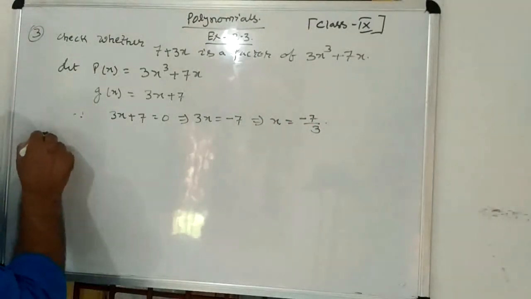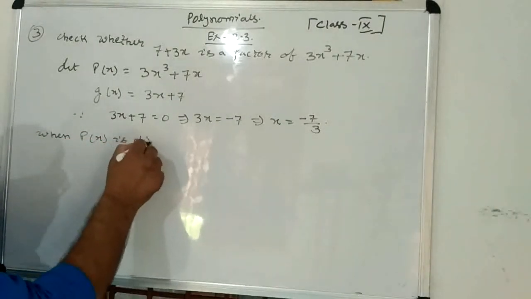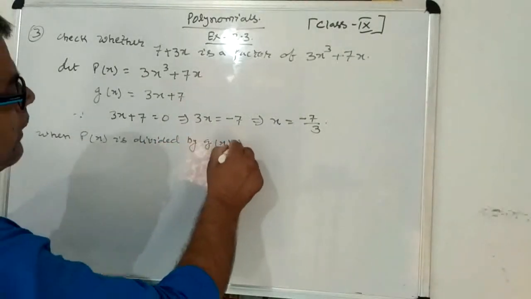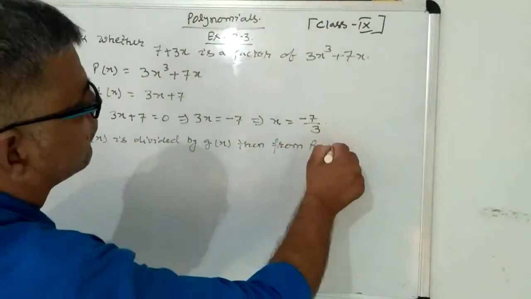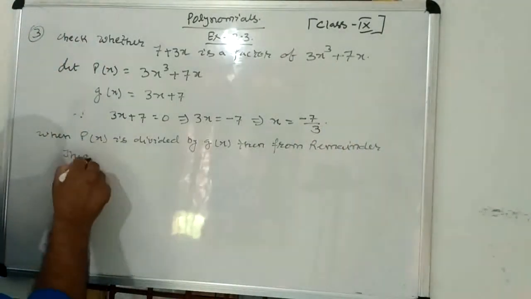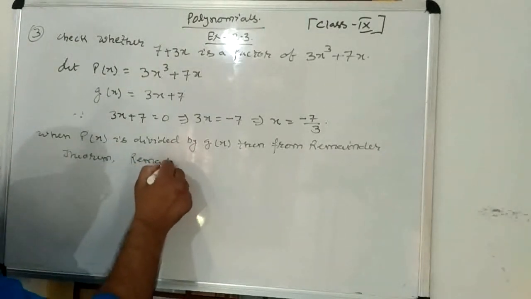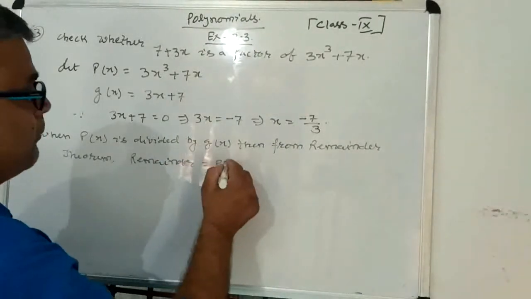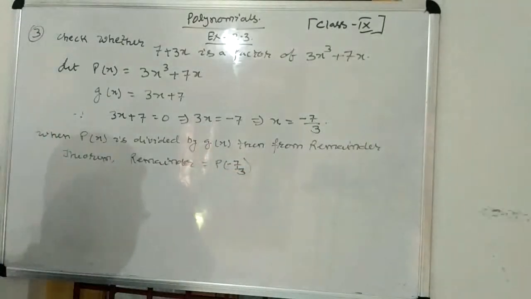So when p(x) is divided by g(x), then from the remainder theorem, remainder equals p(minus 7 by 3), which is the value of x.